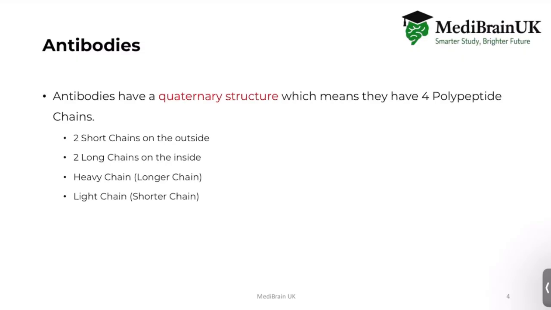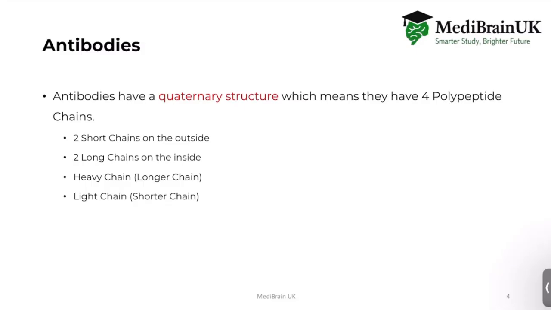Now, an antibody is an example of a quaternary structure protein, which means that it has 4 polypeptide chains.